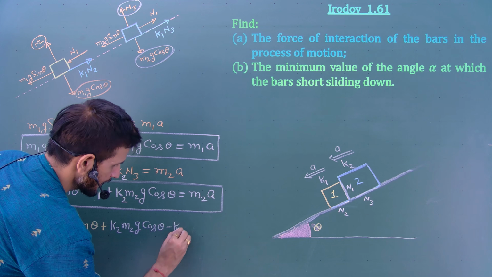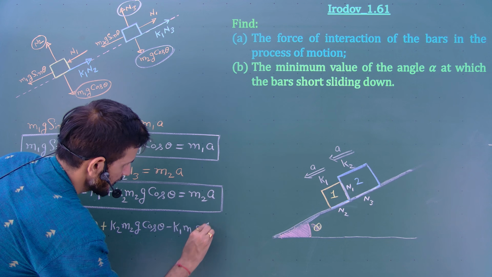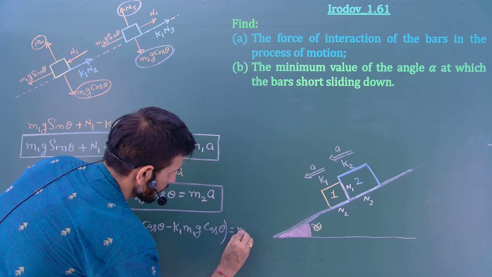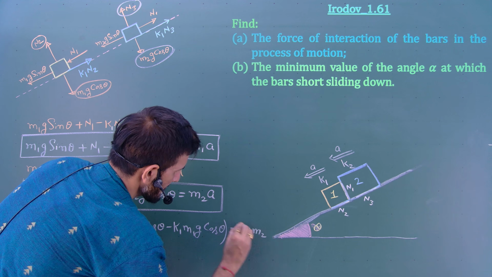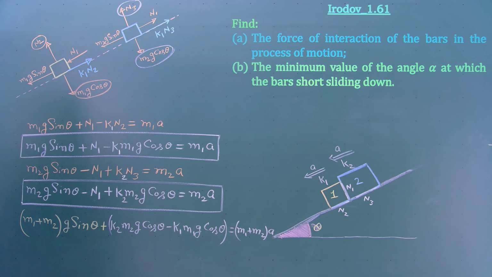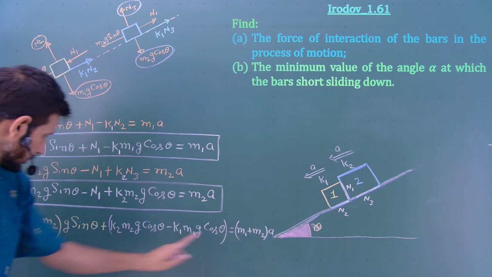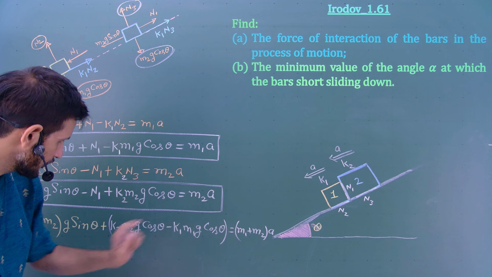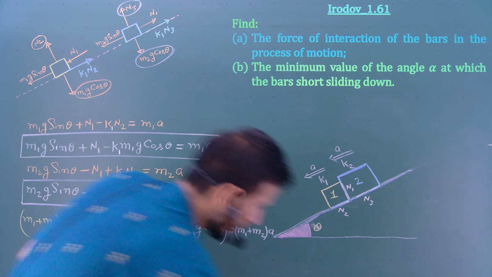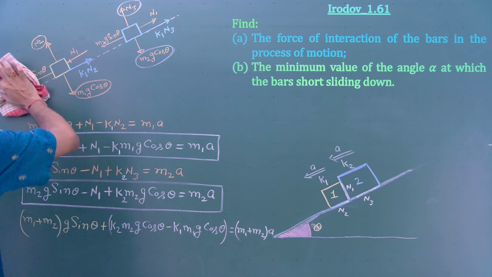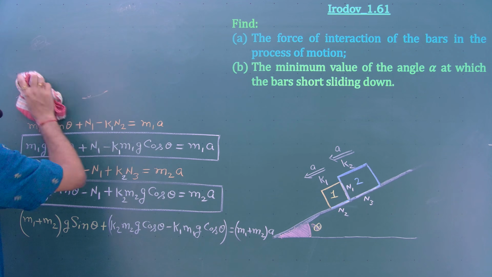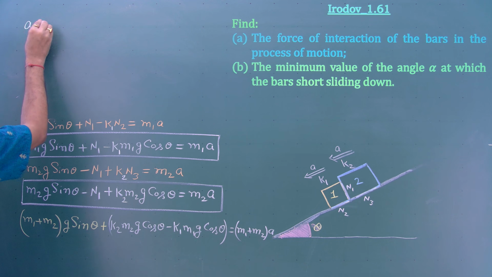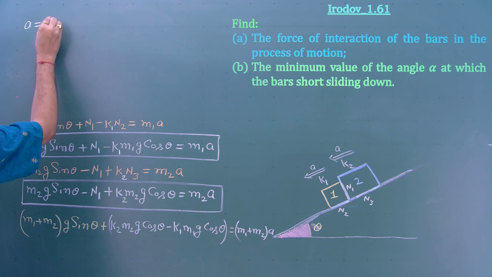minus k1 m1 g cos theta should be equal to (m1 plus m2) into A. So if we divide by m1 plus m2, it will cancel out, and in this part g cos theta is common, so the value of acceleration is A equal to g sin theta.